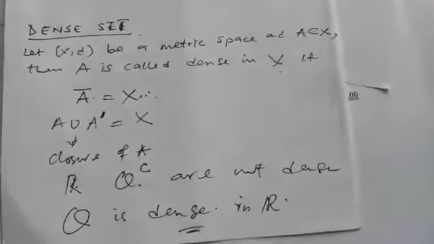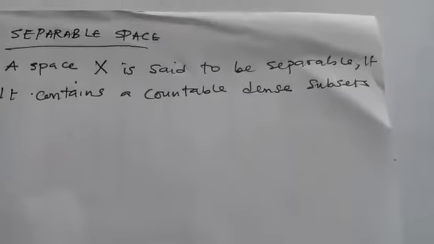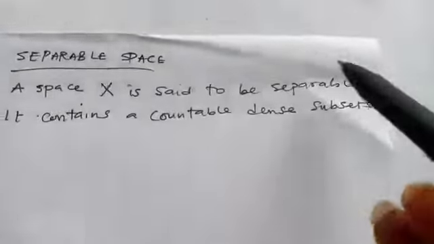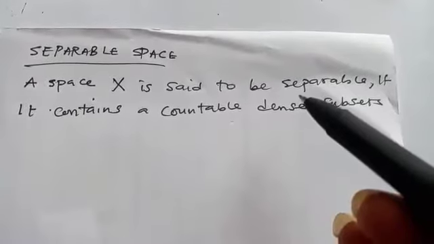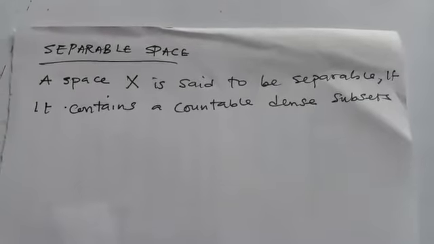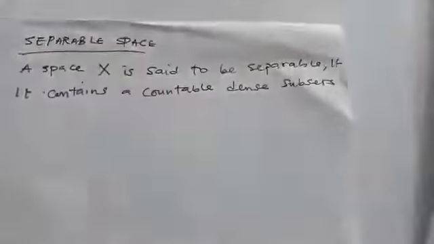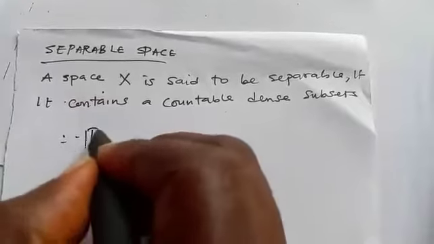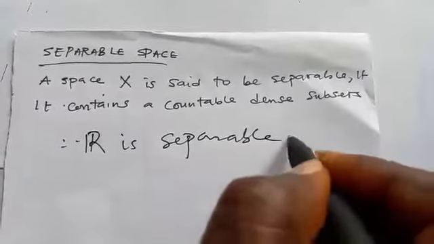This will lead us to another definition: separable space. We say that a space S is said to be separable if it contains a countable dense subset. So remember we have said the other time that the rational numbers are dense in R. So in that case, we can say that R is separable. Why is it separable?